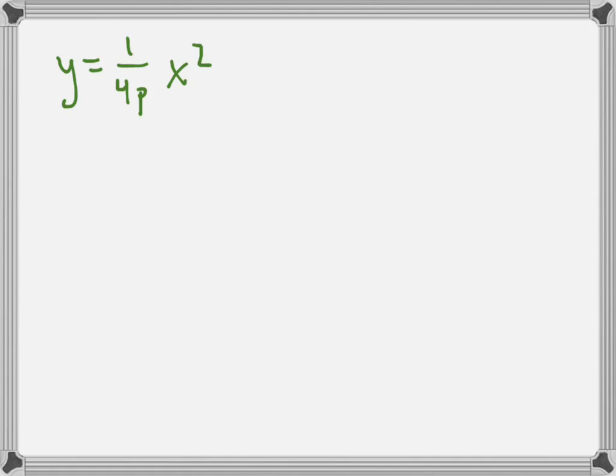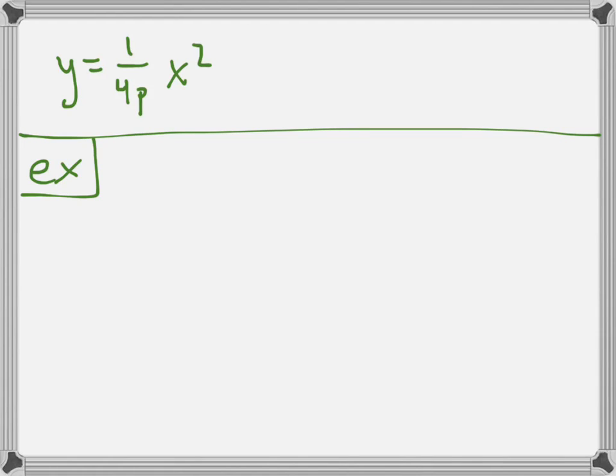This is going to be our geometric definition of a parabola. So I might have a problem, something like, for an example, say I have a parabola with a focus at, let's say, 0, 8.